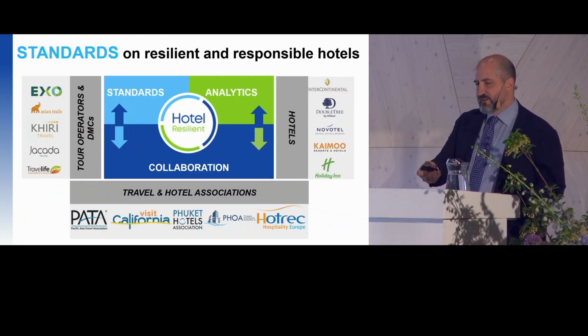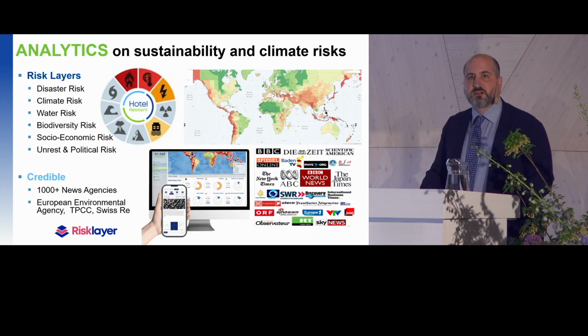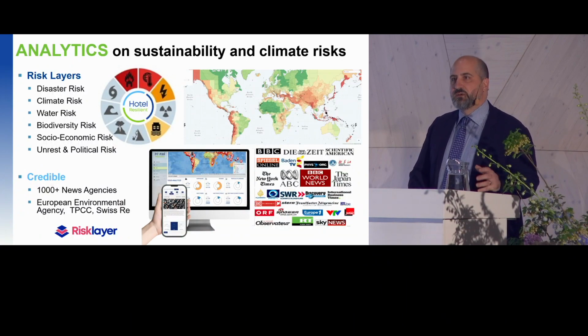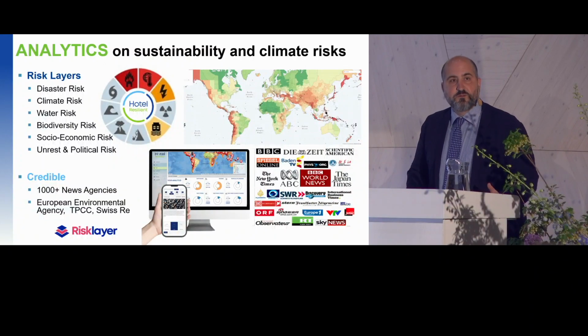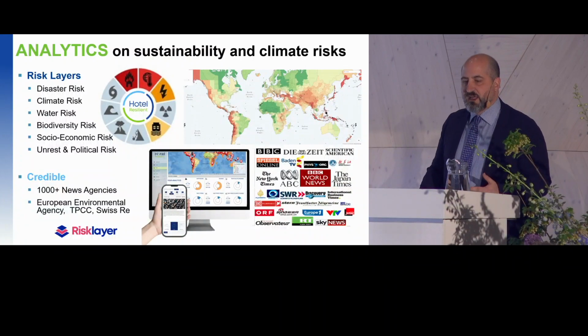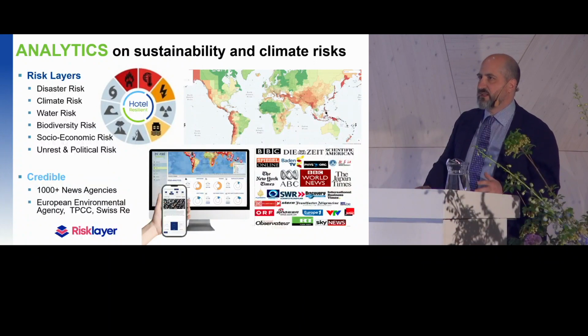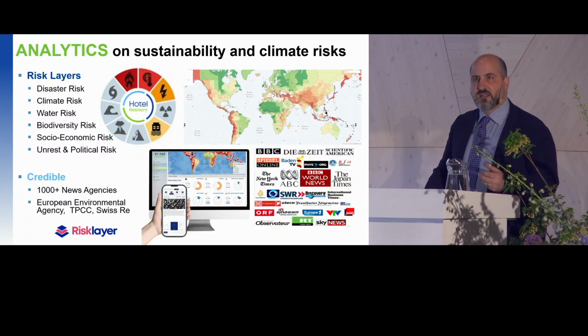There's also a big part on analytics that I want to talk to. A lot of what we do is also measurement, relating back to the Earth observation data: information on disaster losses, climate impacts, water risk, biodiversity. All of this information is available at the destination level, but we also like to combine this information with the property data that we're collecting from hotels.